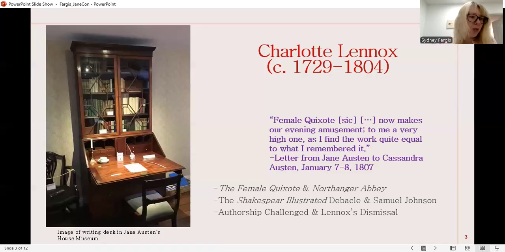Before we turn to the two women whose names do come up, Frances Burney and Anne Radcliffe, just want to take a moment to recap. Lennox's authorship being challenged, Lennox's character due to both the creation of Arabella and also due to the gall that she had to critique Shakespeare led to her cancellation.